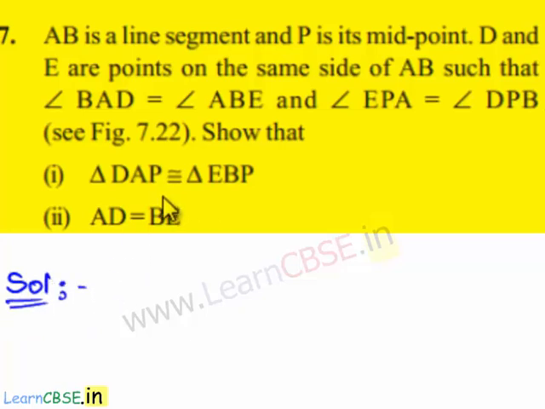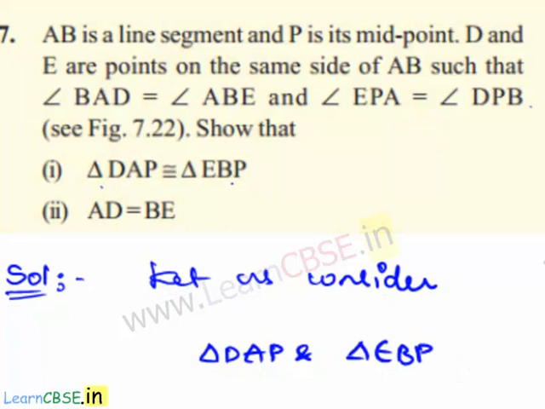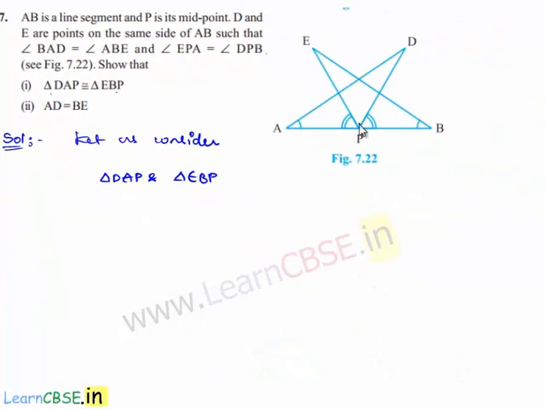As in the first case, he asked us to prove the congruency of two triangles DAP and EBP. Now let us consider triangle DAP and triangle EBP. In this, he has given that P is a midpoint of AB.